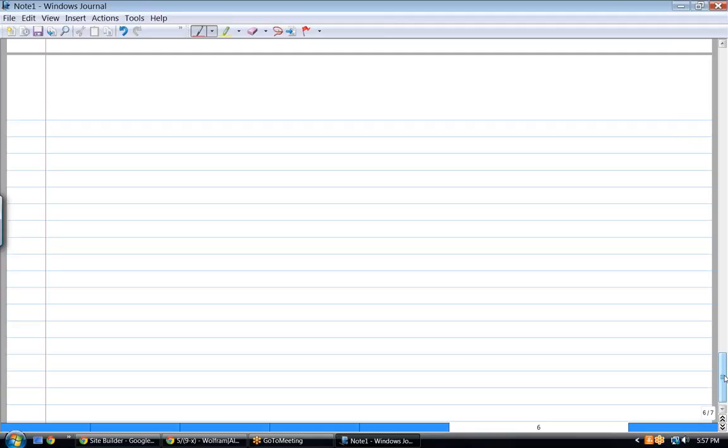Okay, so this one says, approximate the area under the graph of f of x and above the x-axis with rectangles using the following methods with n equals 4.